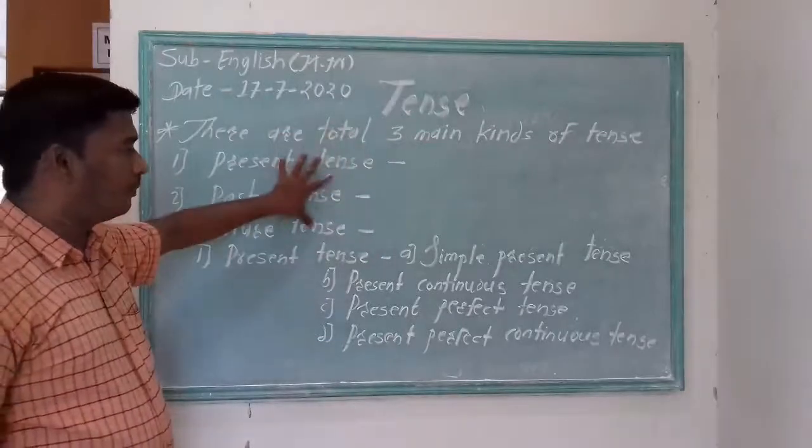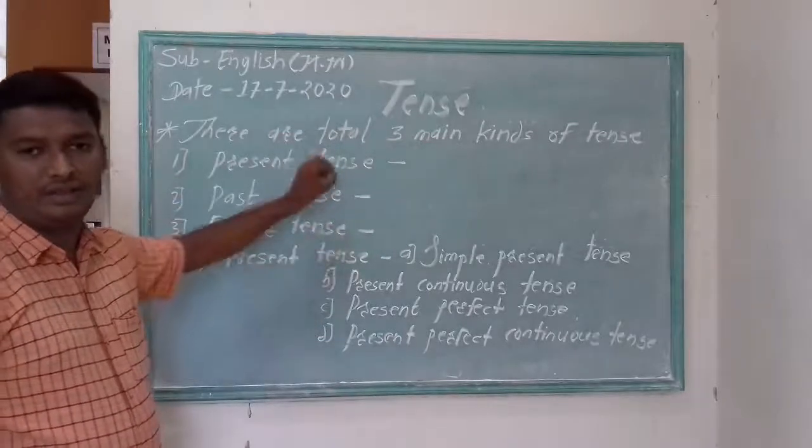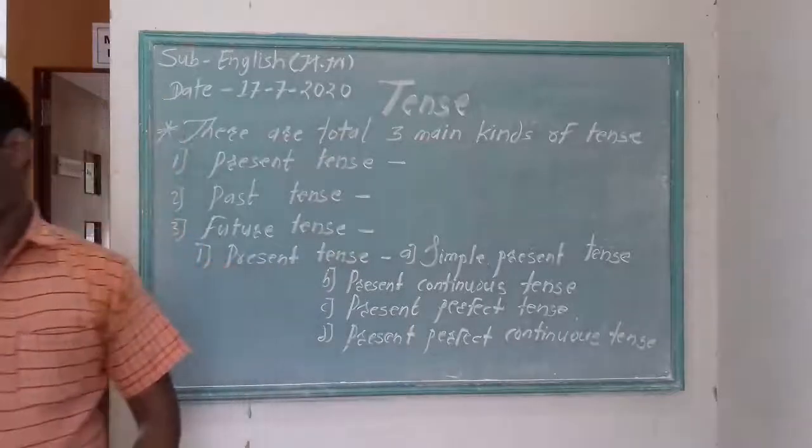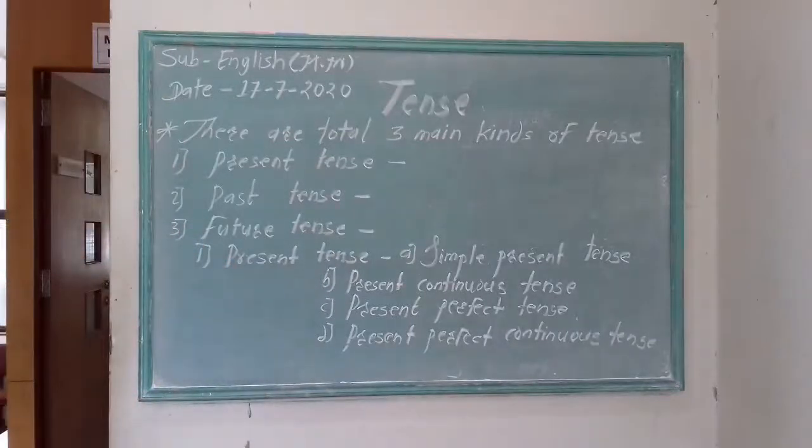Write these main kinds and these subkinds. Write fast.